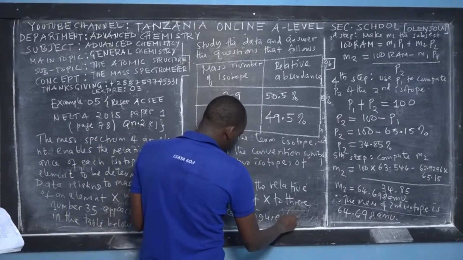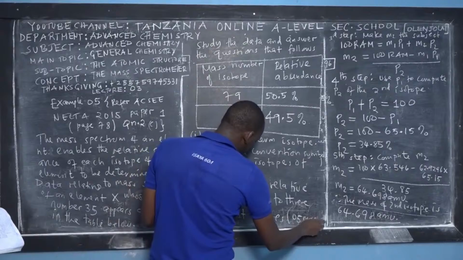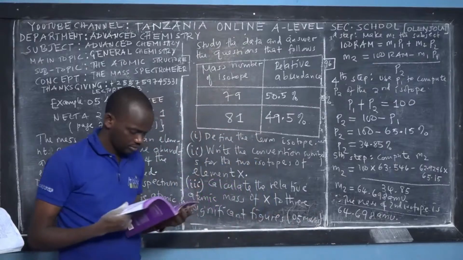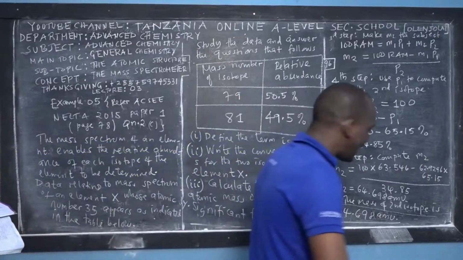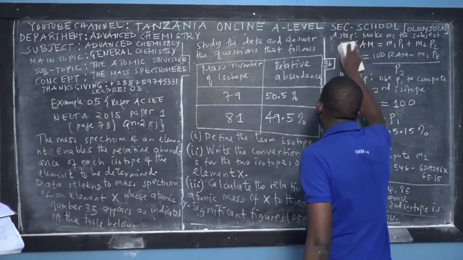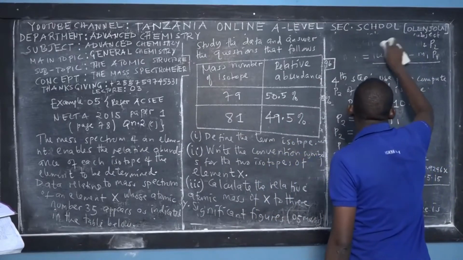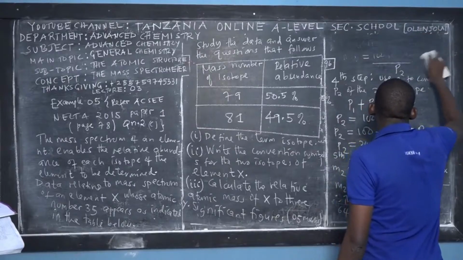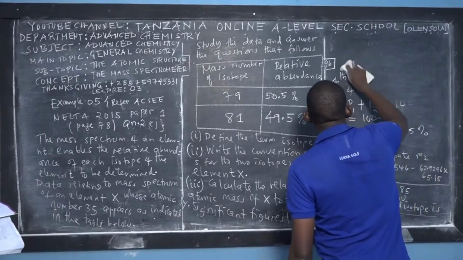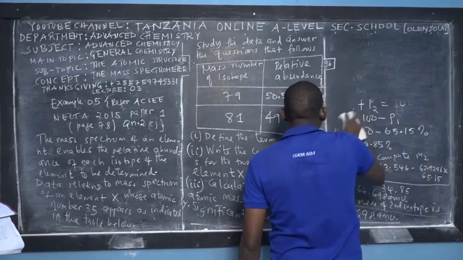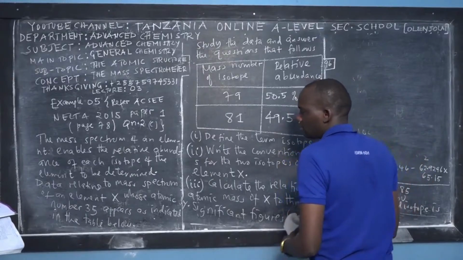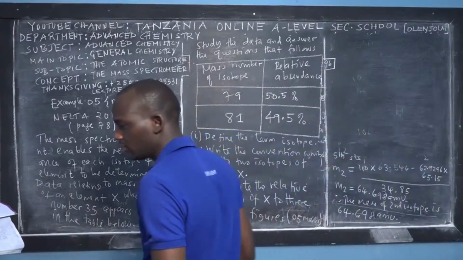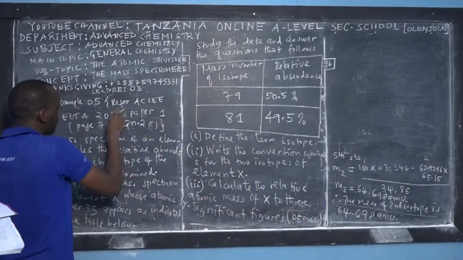If you do this, you will get 5 marks. So we have a final exam question which was asked to A-level students who graduated in 2016. Is it 2015 or 2016? 2016, not 15, in paper 1 of 2016.